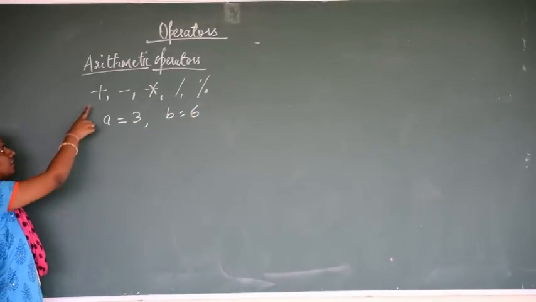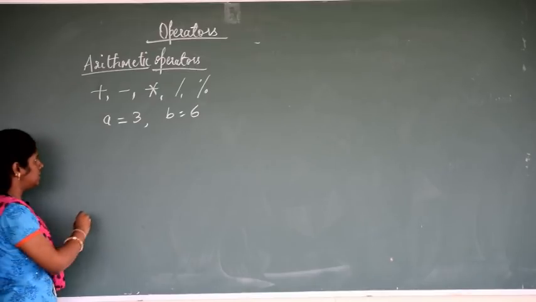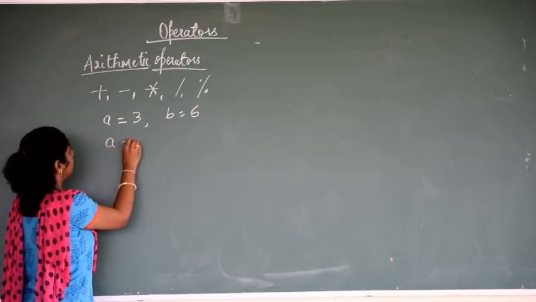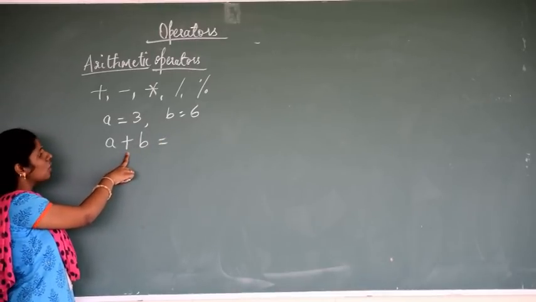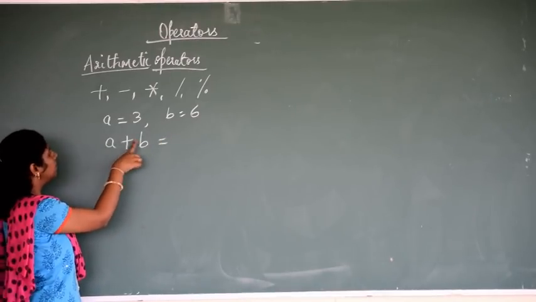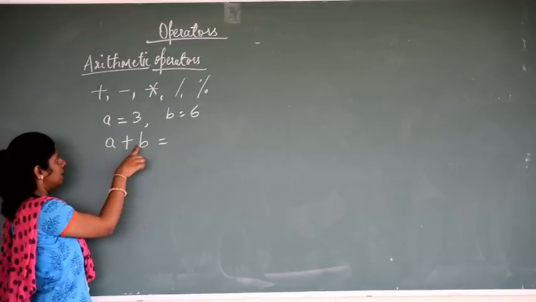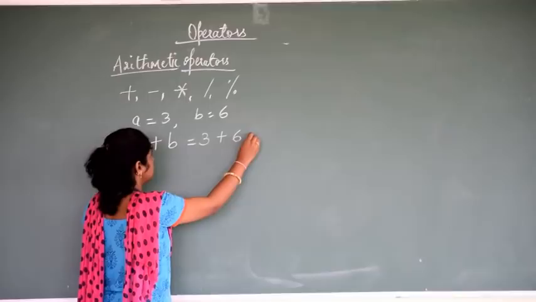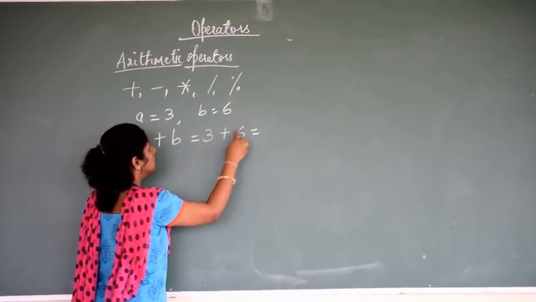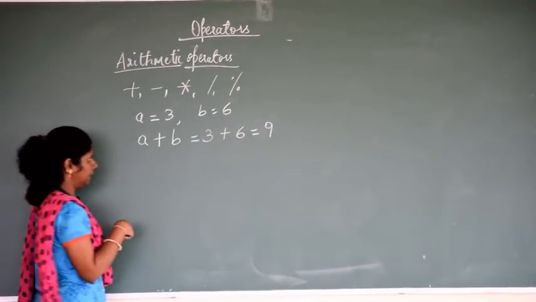If I use the first arithmetic operator, addition, then I write it as a plus b, where plus is called the operator and a and b are called operands. The value of a is 3 and the value of b is 6. This will be evaluated to 3 plus 6, that is 9.